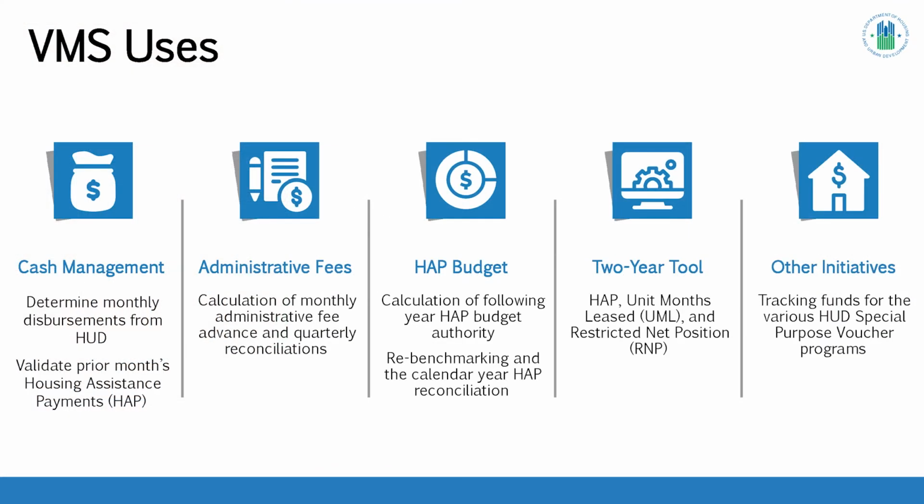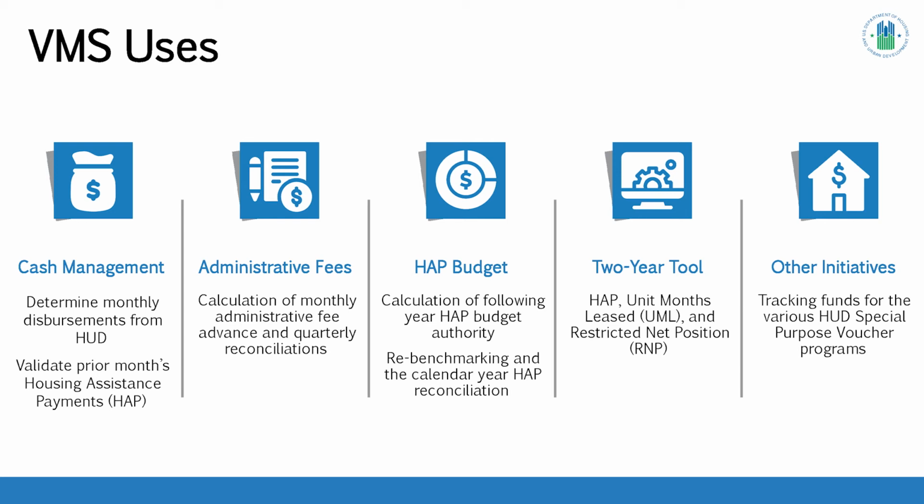The VMS uses include cash management, administrative fees, HAP budget, the two-year tool, as well as other HUD initiatives. In regards to cash management, it includes determining monthly disbursements from HUD. It's based on valid prior month HAP expenses.